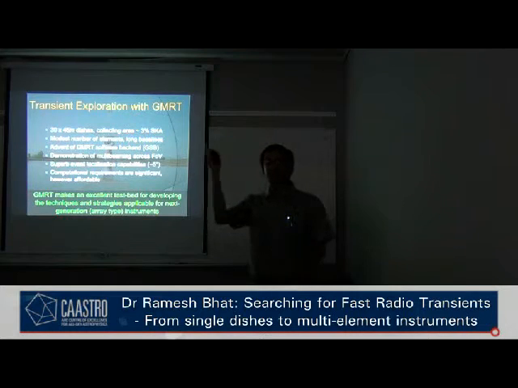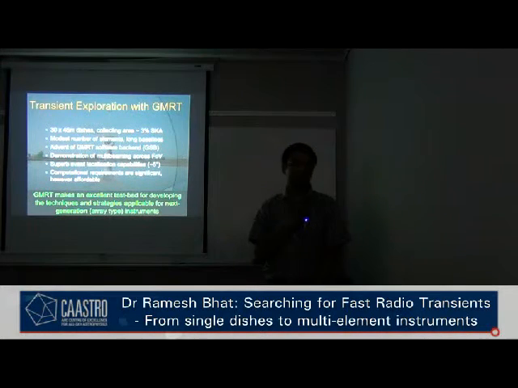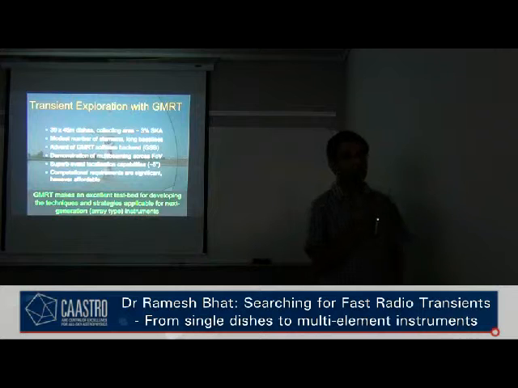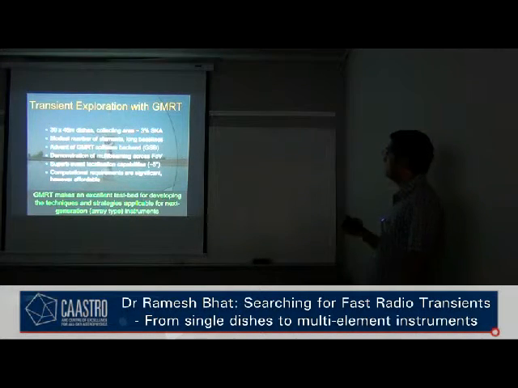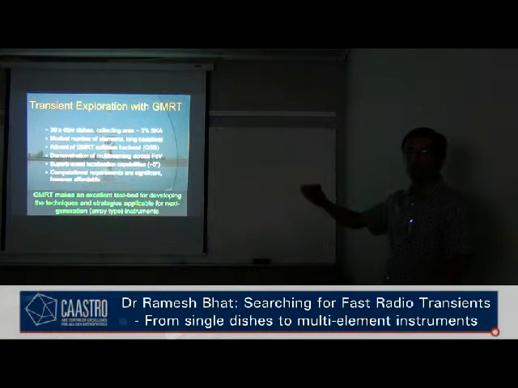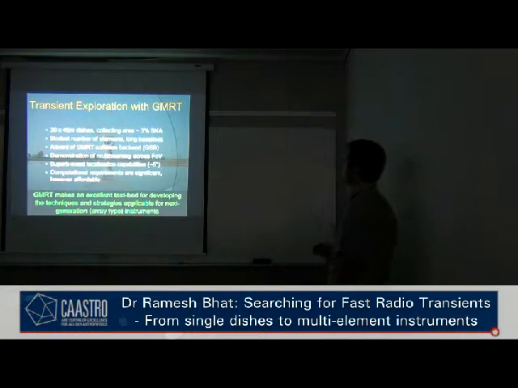But you don't have to worry about thousands of data streams, which is one of the biggest challenges in ASKAP. You only have 30 elements, and the baselines are moderate but not very long, but 25 kilometer baselines are pretty good for localization.